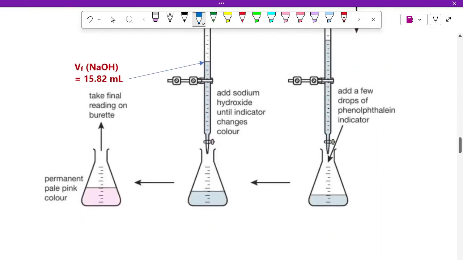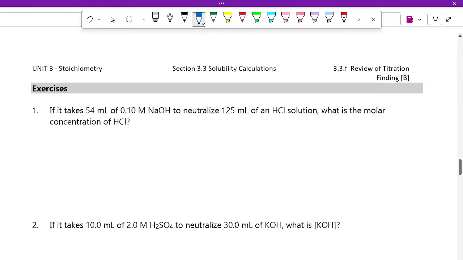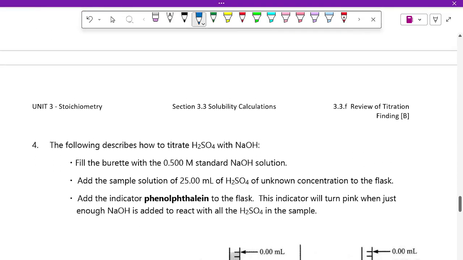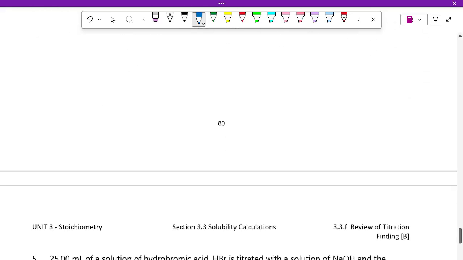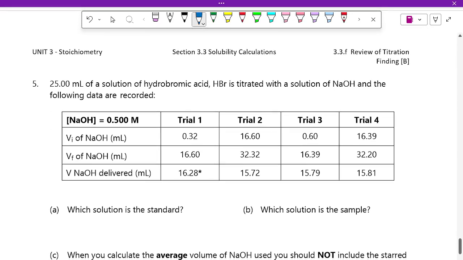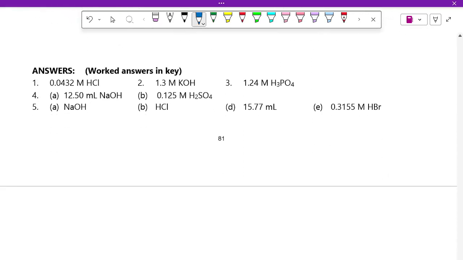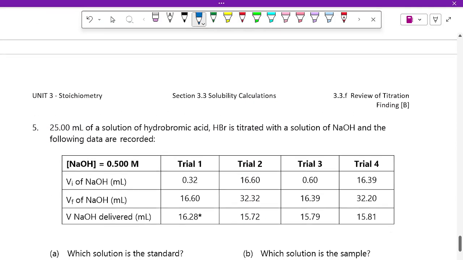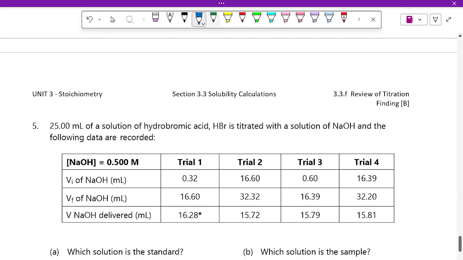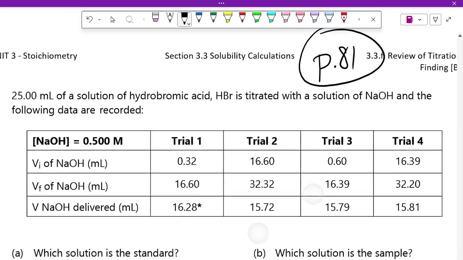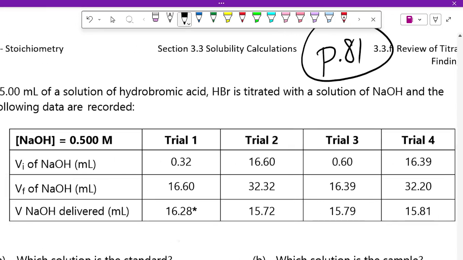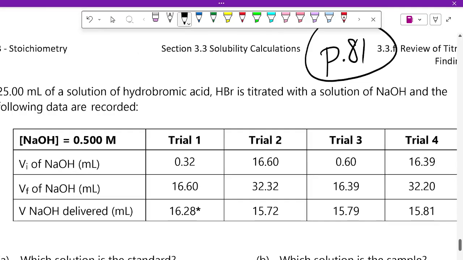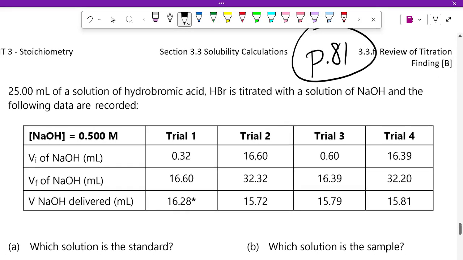This shows the procedure. I'm not going to go through that right now. What we are going to do is we are going to go to page 81. And we're going to do this one right now, page 81.